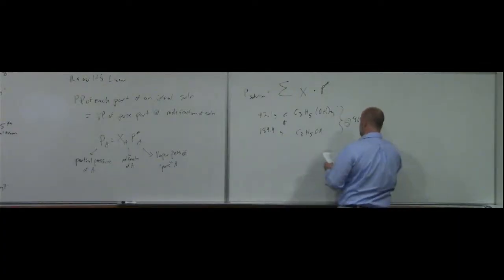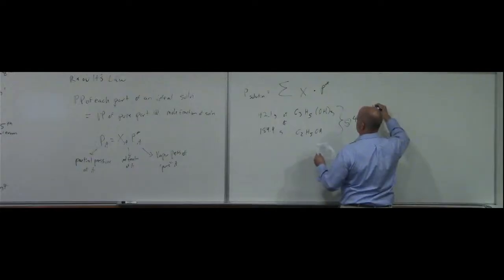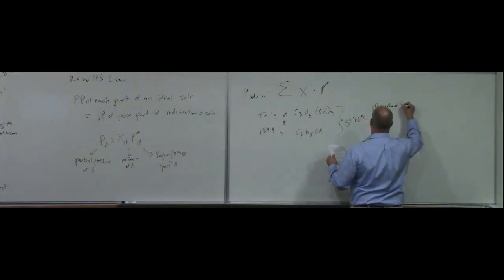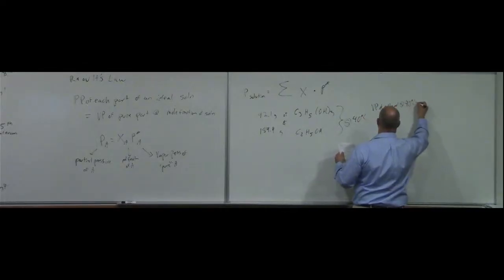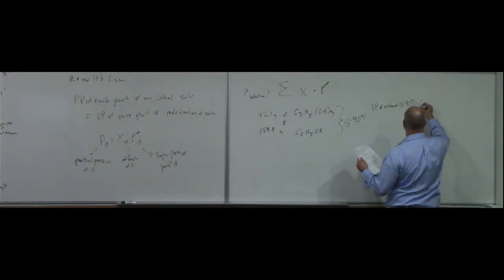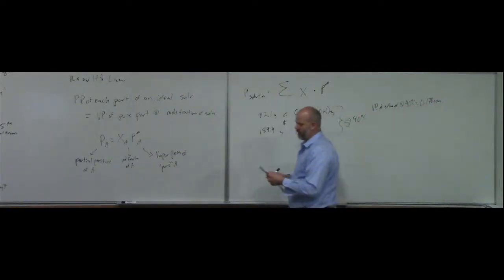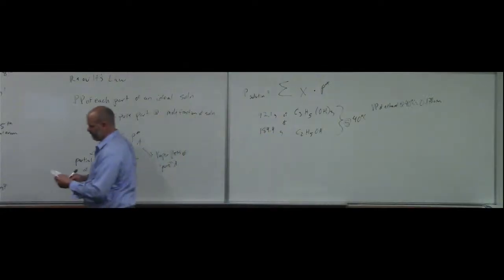The vapor pressure of ethanol at 40 degrees C is 0.178 atmospheres. Glycerin is essentially non-volatile at this temperature.